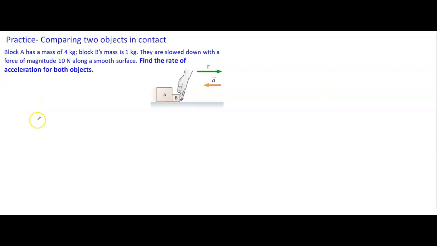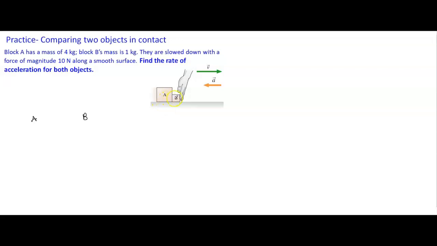So I'm going to go ahead and start off by drawing a little A for block A and a little B for block B. And we're going to go ahead and draw a free body diagram on block A. Before we do that, let's think about what kind of forces are acting on block A. Well, block A's got a mass, so it's going to have a weight pointed down. It's touching the surface, so it's going to have a normal force pointed up.